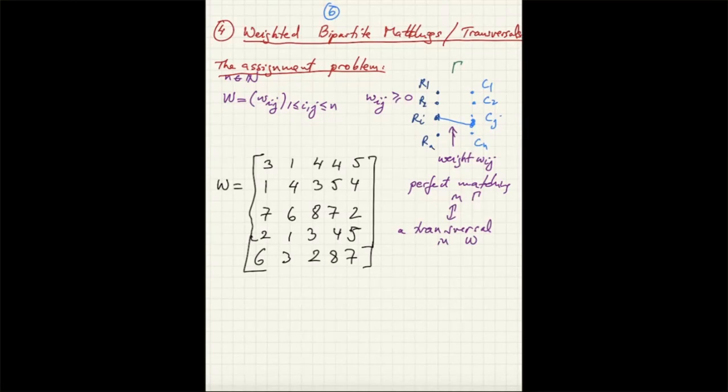This is a set of n entries in W such that no two are from the same row and the same column.